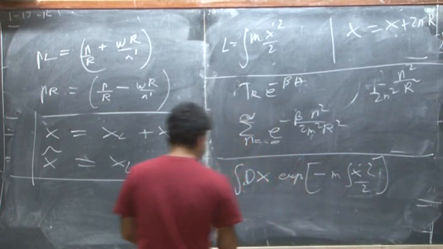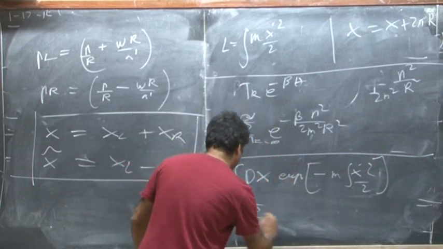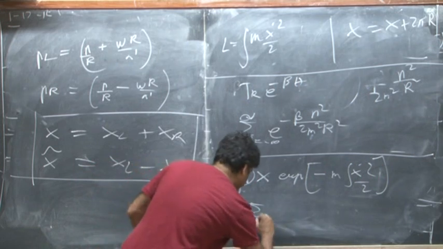What we will do is the following. We will do x is equal to sum over, let's call them w's, x_w.